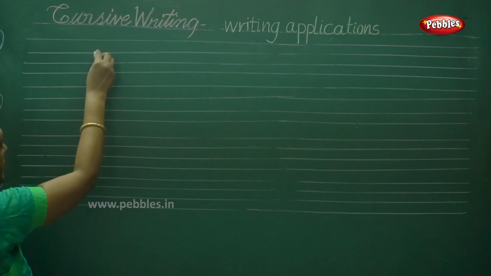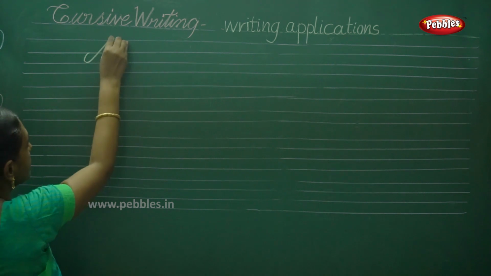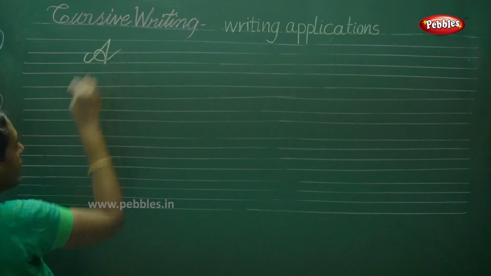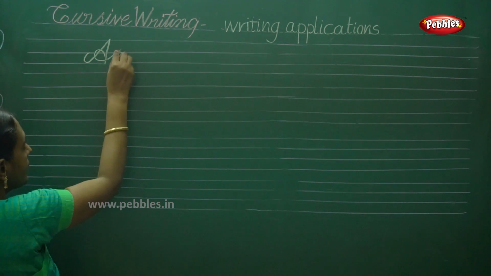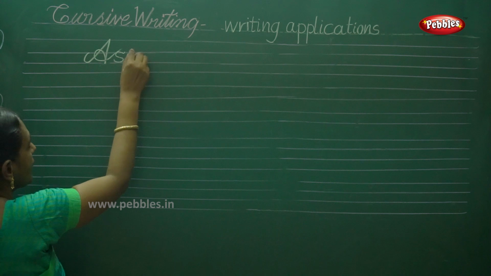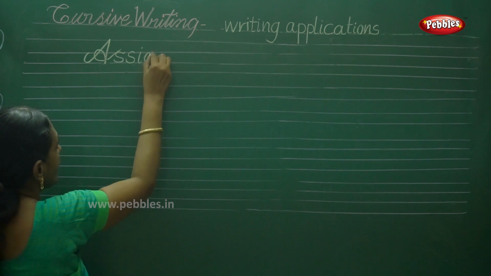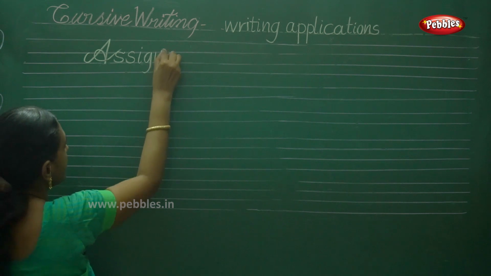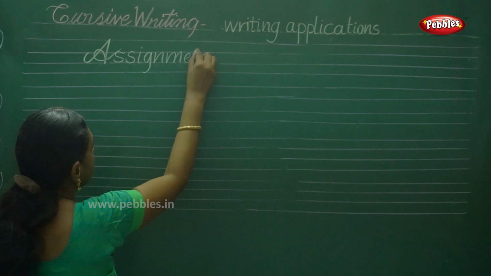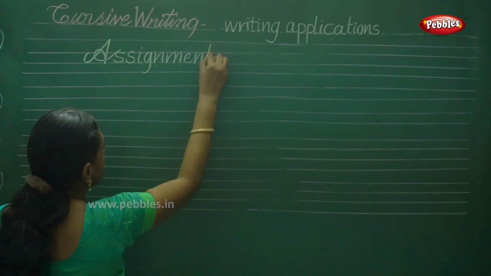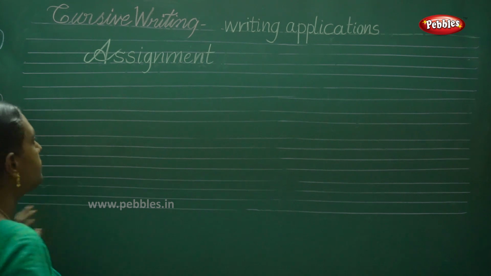Okay, first listen here, that is A, this is a cursive A. Okay, then apply the split writing. Assignment. Okay, on, assignment on.